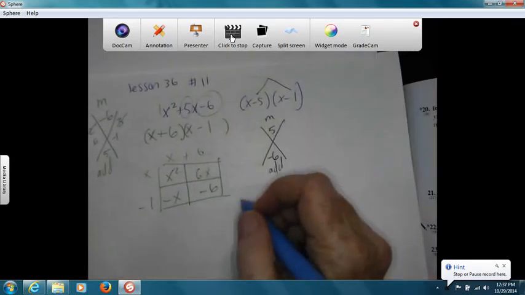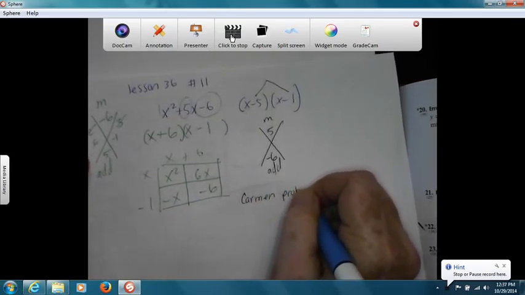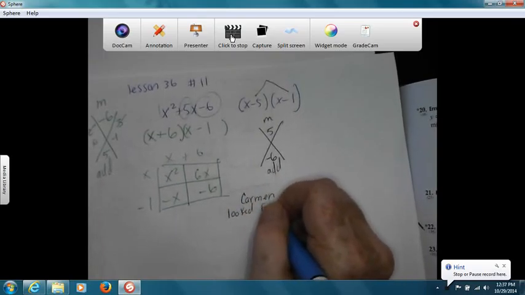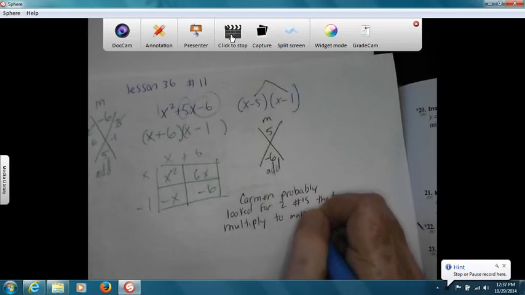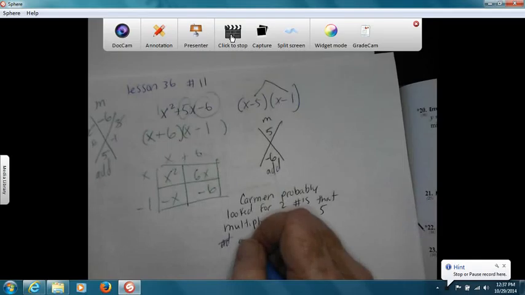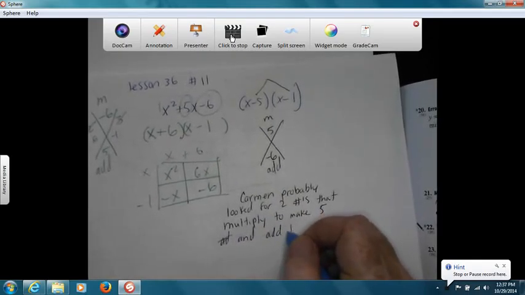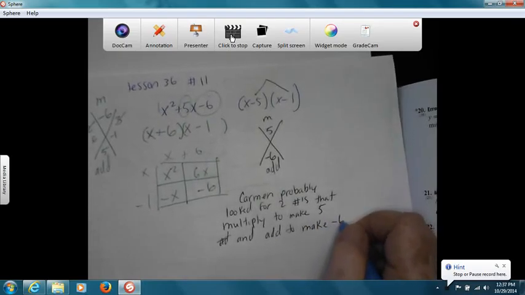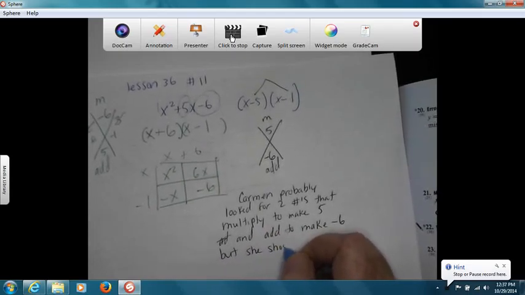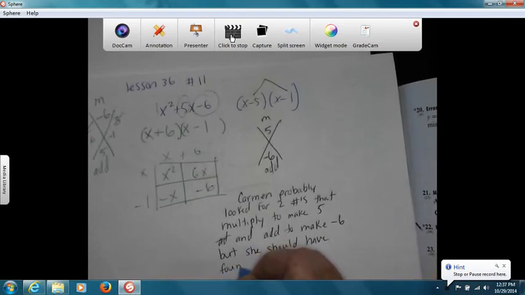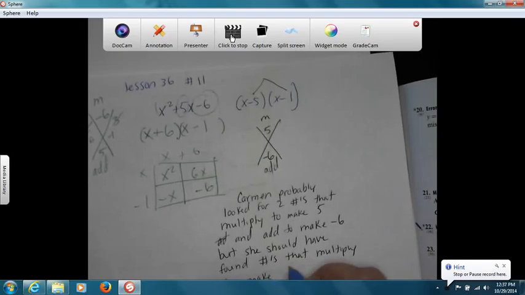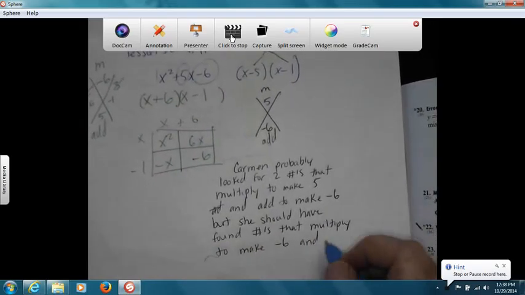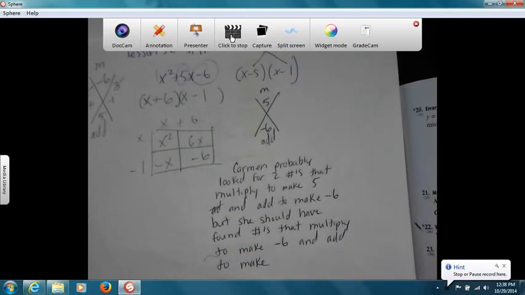So we can just say, Carmen probably looked for two numbers that multiply to make 5 and add to make negative 6, but she should have found numbers that multiply to make negative 6 and add to make 5. Something like that would be sufficient for the answer.